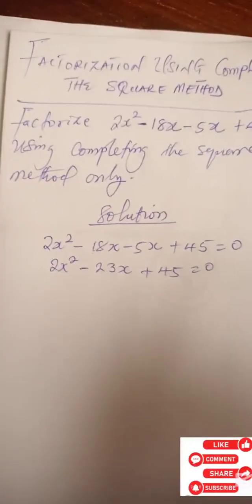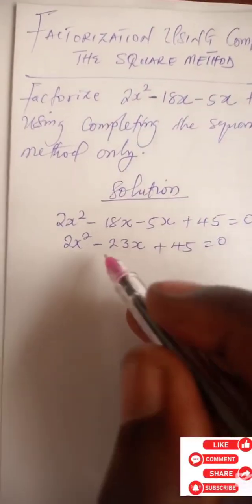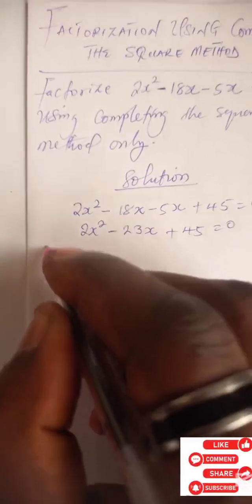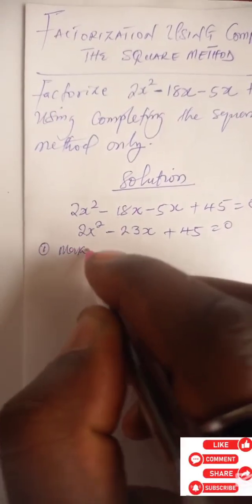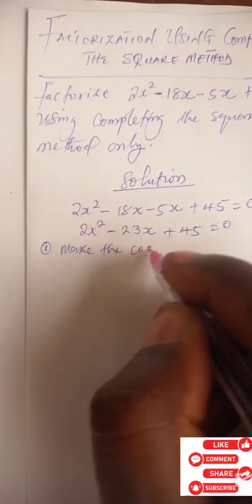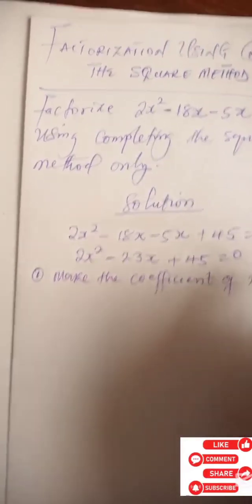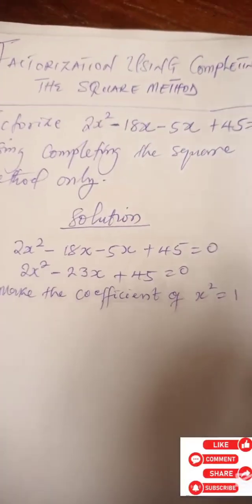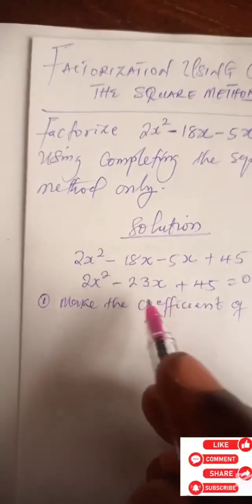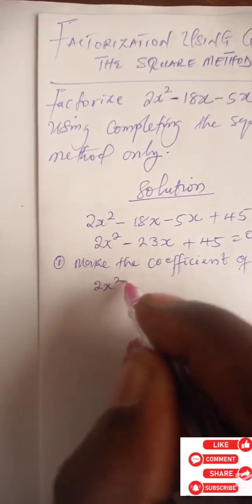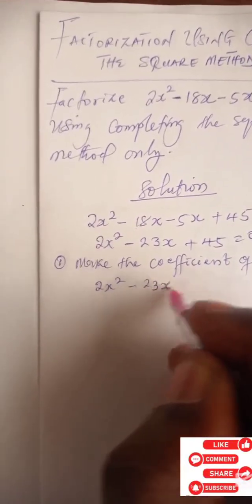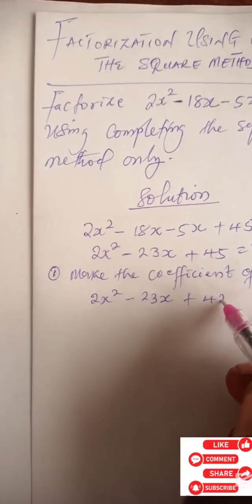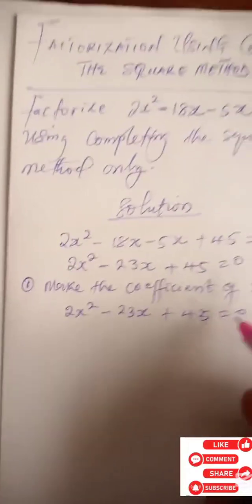Now, using completing the square method, first you have to make the coefficient of x squared equals to 1. So to make the coefficient of x squared equals to 1 means we have to divide all through by the coefficient of x squared so that it will become 1.